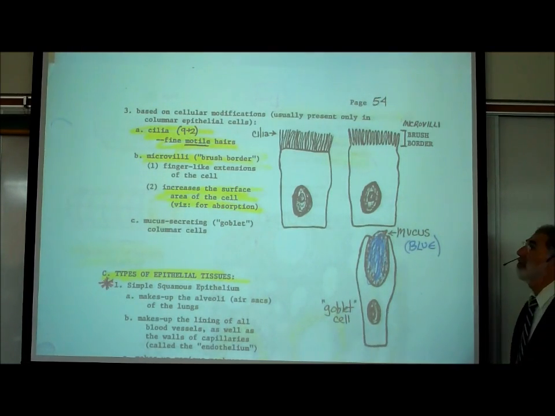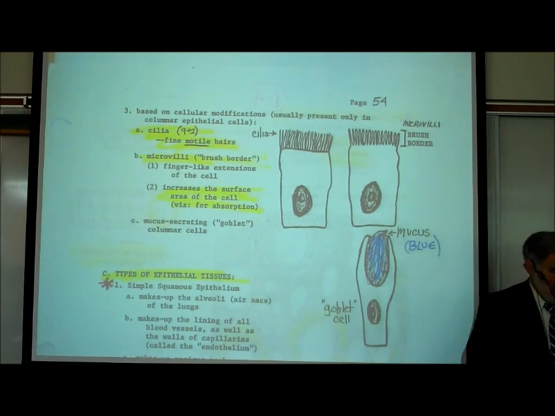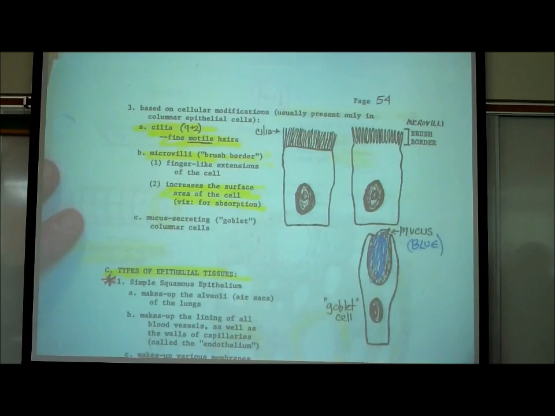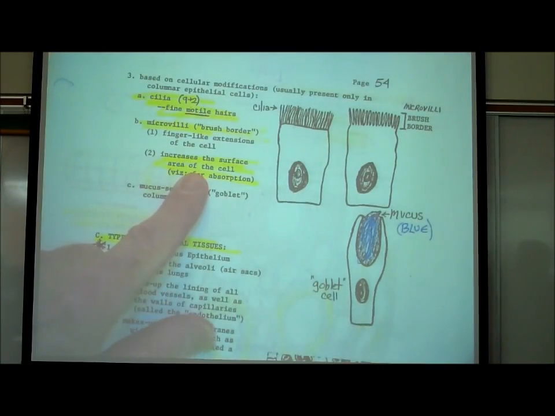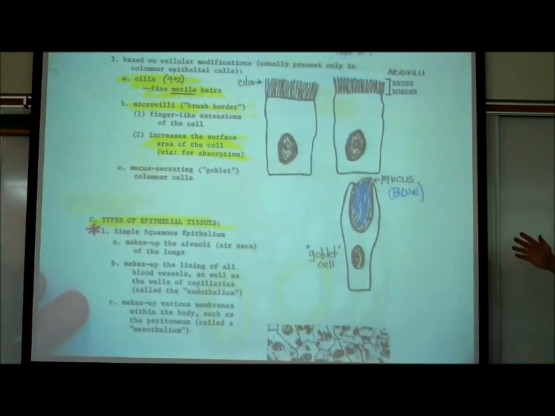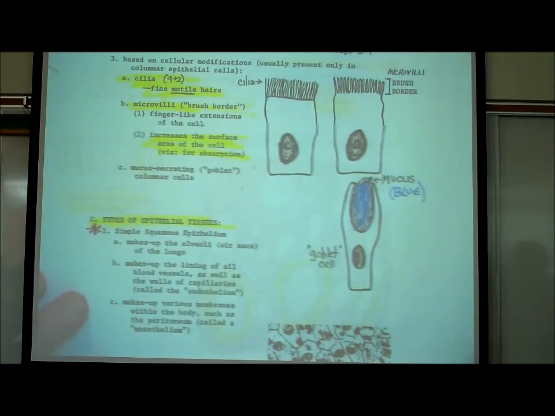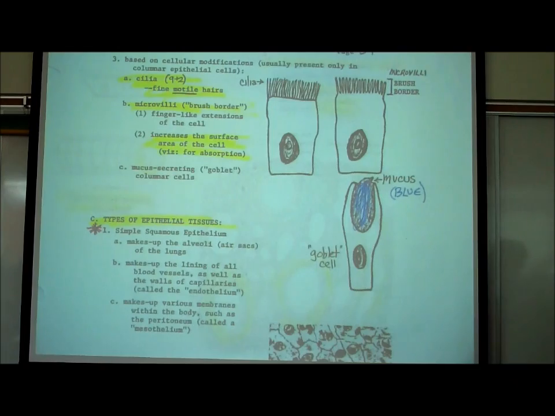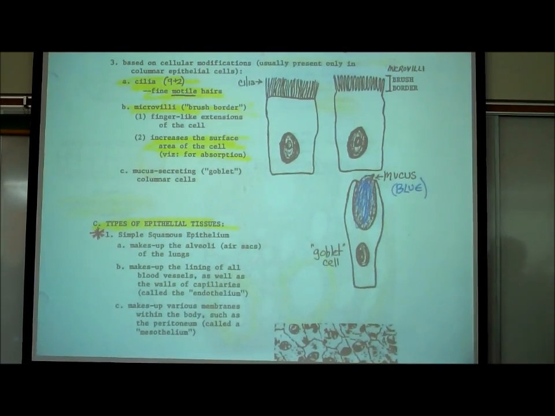Cilia. Microvilli don't move. Then what's the purpose of microvilli? Increase surface area for absorption. You'd say, did you write that? It's written right here. Yep. And then we mentioned mucus-secreting goblet cells. This is just a vacuole that's releasing mucus. And we have a lot of mucus-secreting cells all over our body.